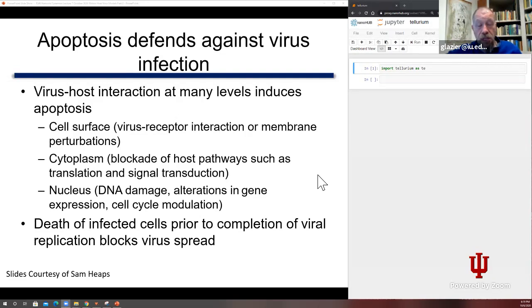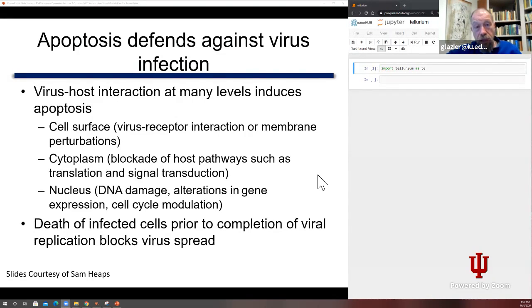If the virus is using up all the energy budget of the cell and all of the molecular components of the cell runs out of its ability to maintain itself. But there are also very specific signal responses that can lead to adaptive cell death, either through mitochondrial permeabilization or through other mechanisms.